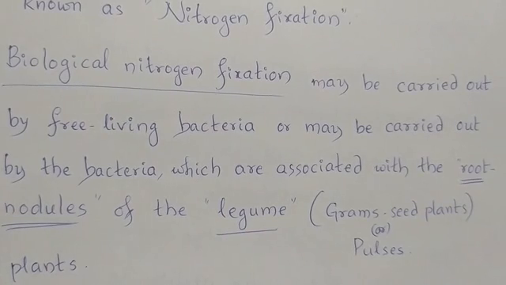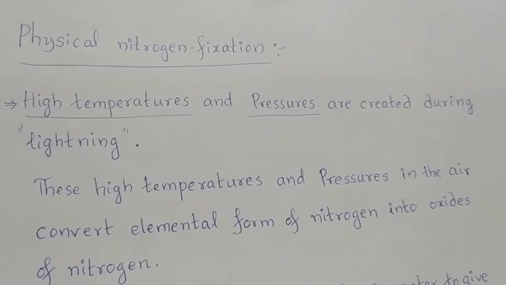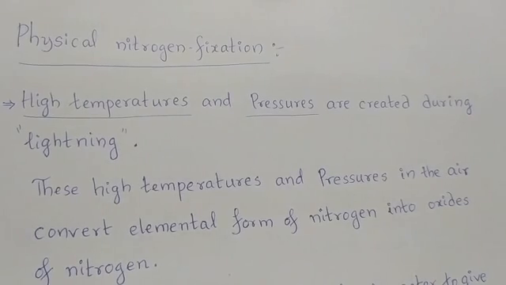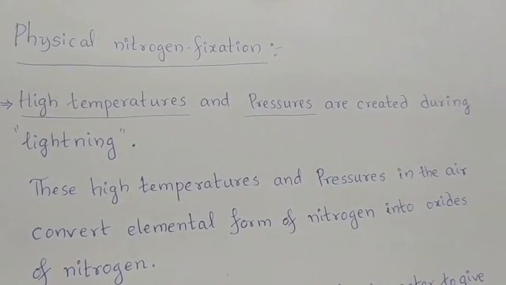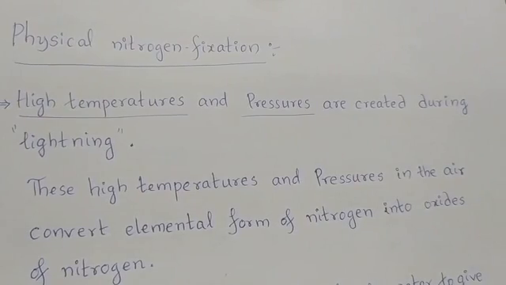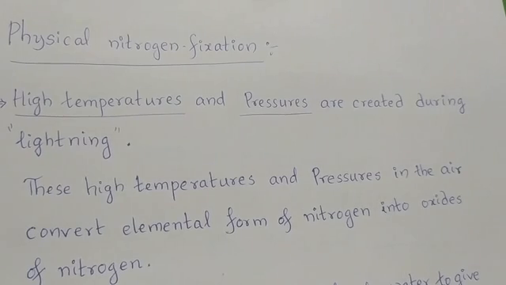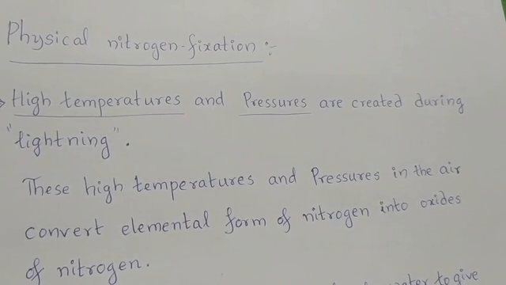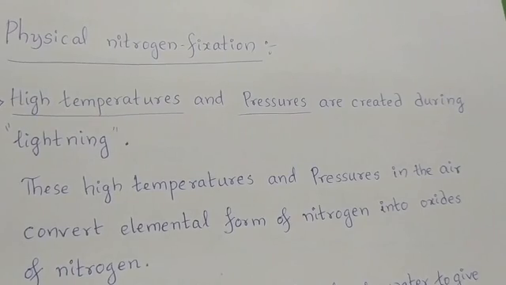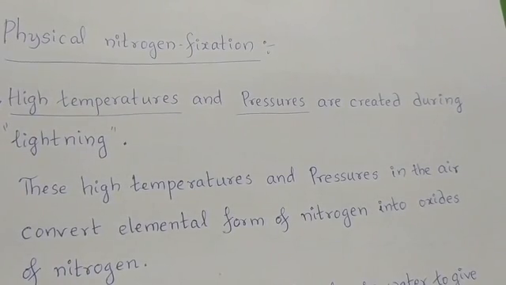Remember that one. So, biological nitrogen fixation is carried out either by free living bacteria or by root nodule associated bacteria that live in the root nodules of legume plants.